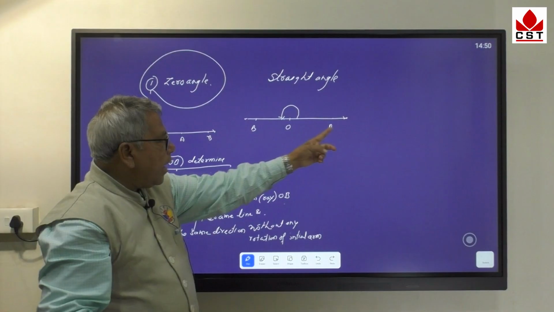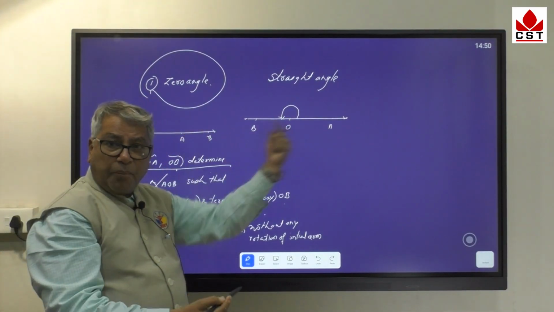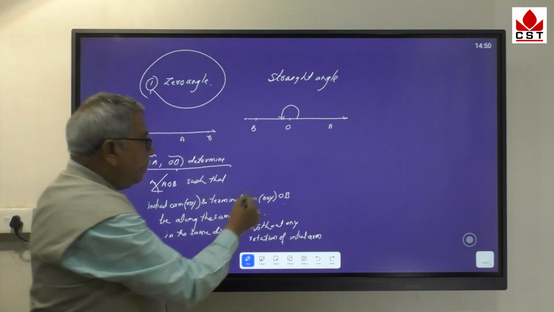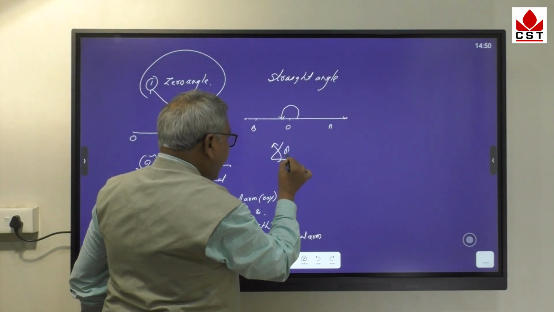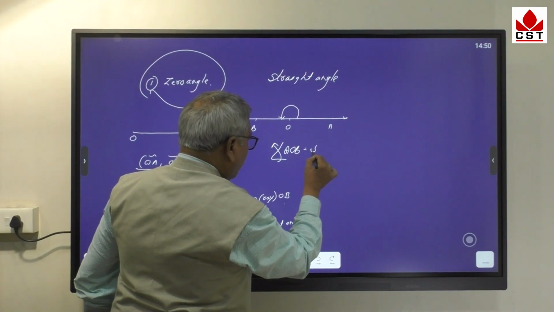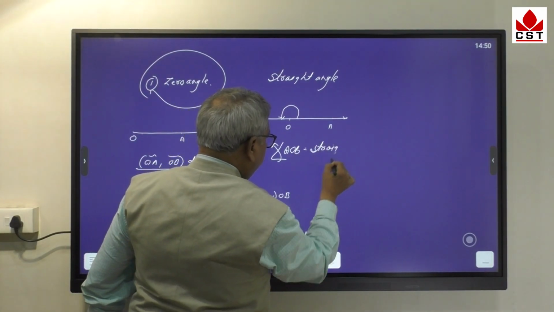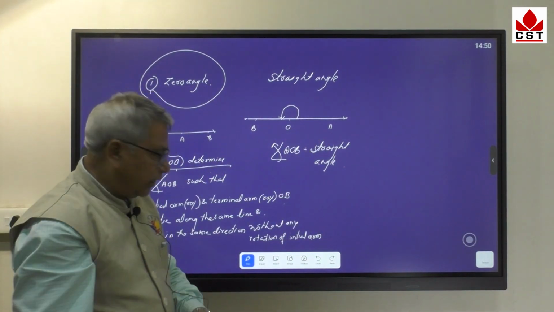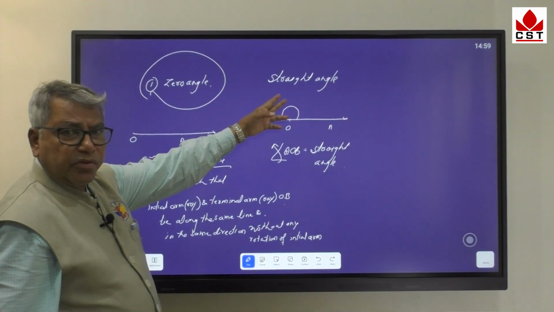That means OA and OB are opposite rays. So the directed angle AOB is equal to a straight angle.